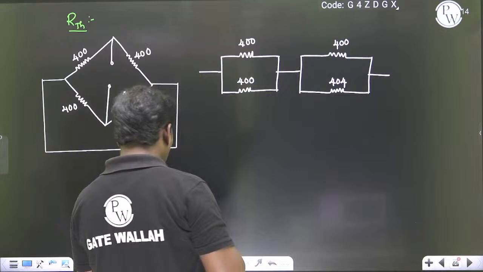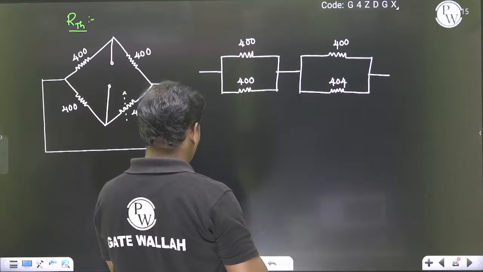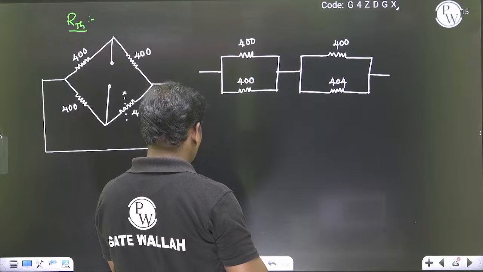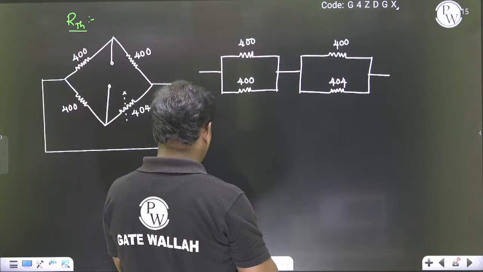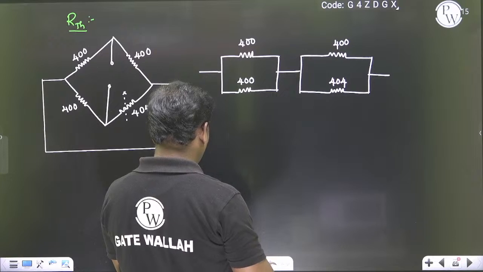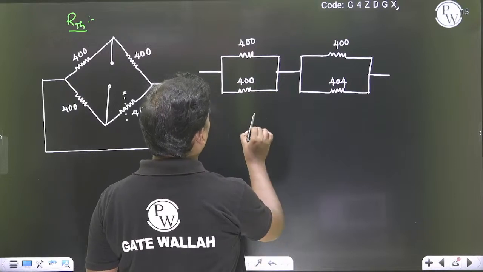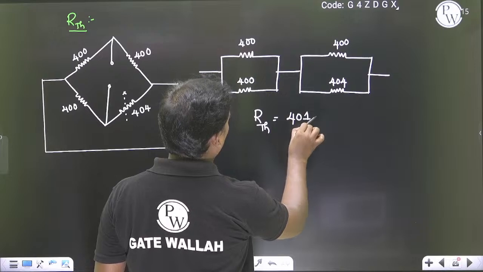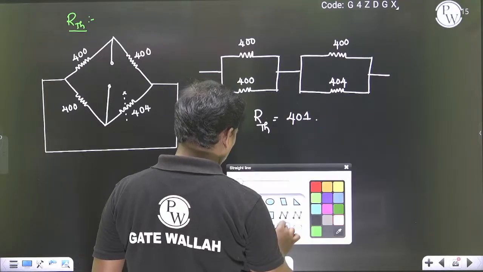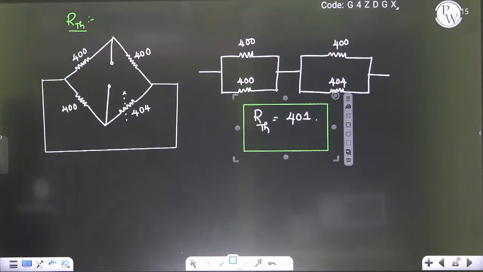So now if you take 400 into 400 divided by 800, that is 200, and 400 into 404 divided by 804, coming as 400.99. Am I right? R Thevenin's is coming as 401 approximately. Any mistakes, let me know.